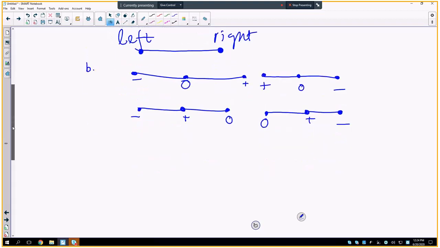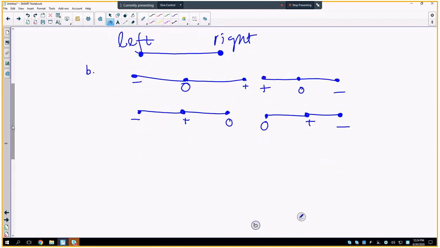And the third situation that will occur is when you are going to give minus the center position and hence the degree of 2. So that's your third position. So it's plus minus 0, or you can think of the situation where we have 0 minus plus, still the same graph but different labeling.